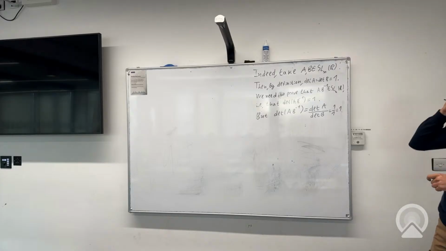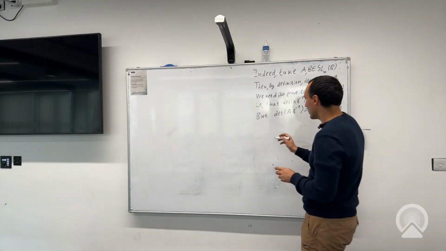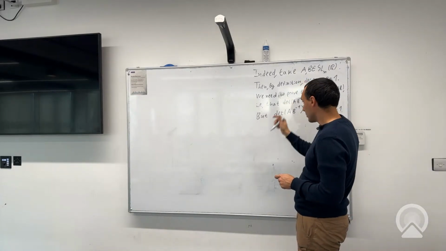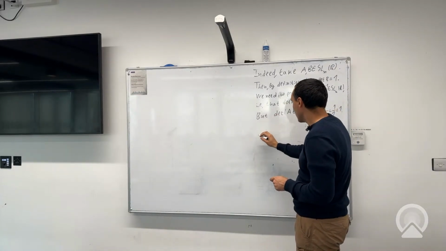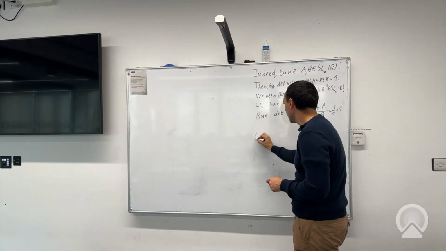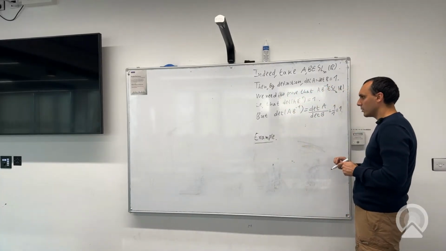There are other interesting subgroups of the general linear group. Some other examples. Another example is the orthogonal group.